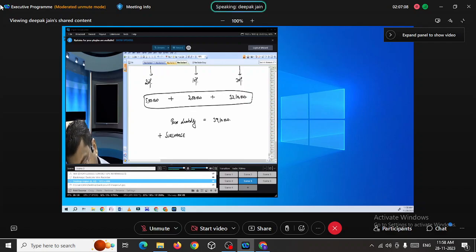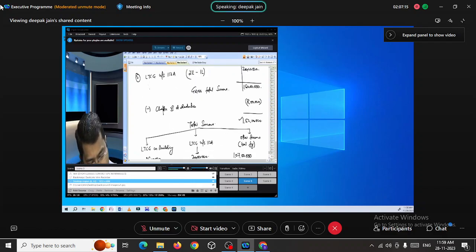Do let me know, beta, whether surcharge is applicable or not. More than 1 crore, applicable. Yes, total income is more than 1 crore.